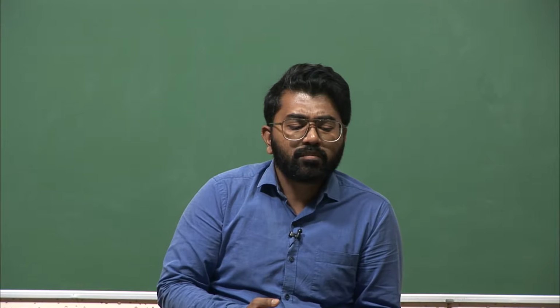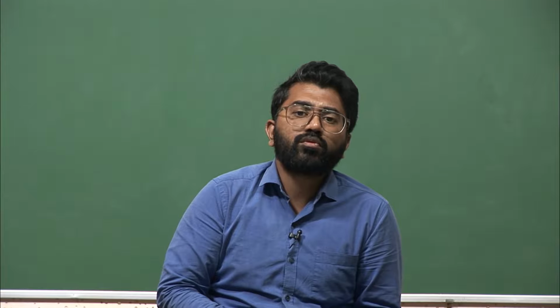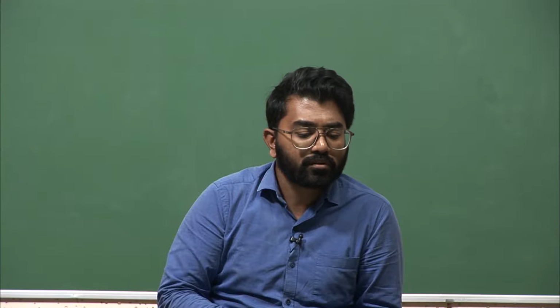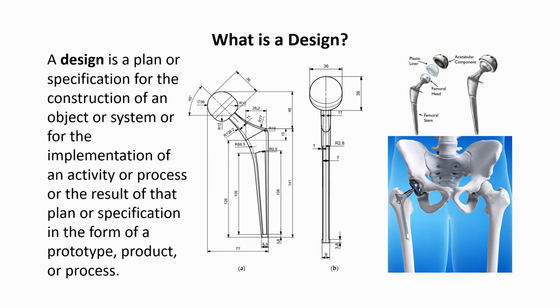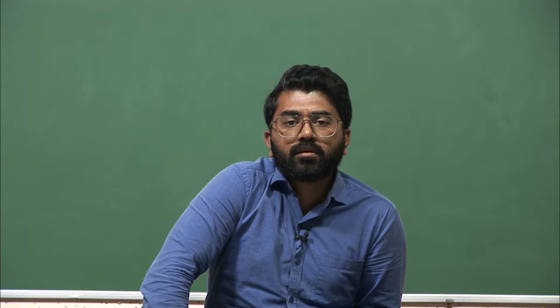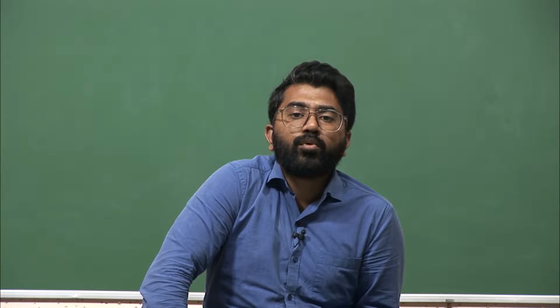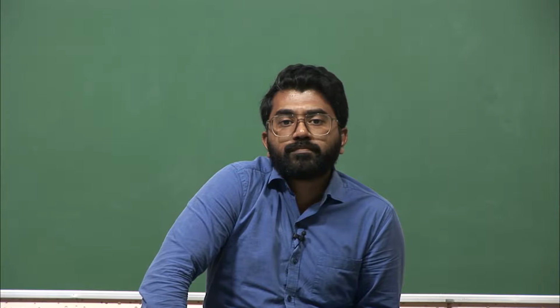So design typically started with 2 dimensions and then moved towards 3 dimensions. So we are going to talk about some of the key aspects of the designs, right? So the first example here is of a classic hip implant. So typically what happens is whenever there is a hip failure or a hip fracture, it usually happens at an older age and with persons having high degrees of arthritis, so specifically osteoarthritis, which is basically where the bone density keeps on reducing over time.